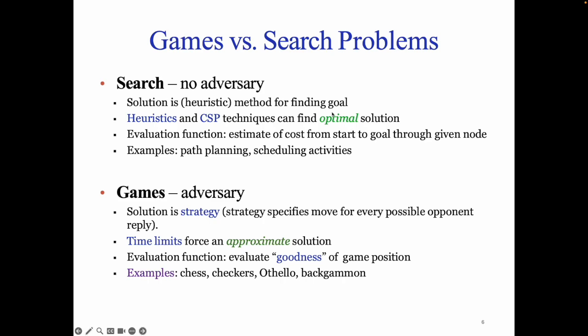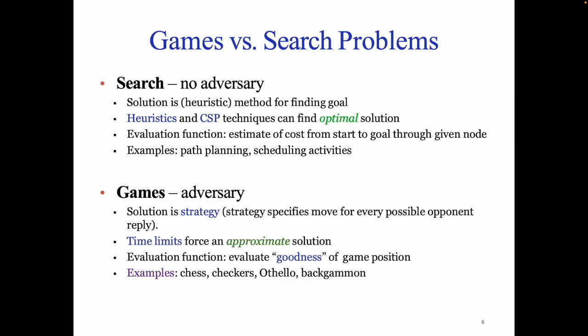And we already covered constraint satisfaction problems. We talked about heuristics and how they can help us reach the goal state, right? So what was your evaluation function in search? It was the estimation of the cost from start to goal, right?